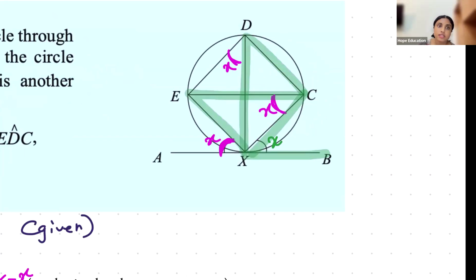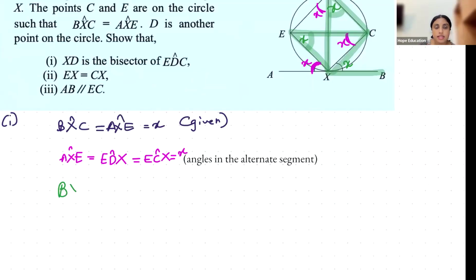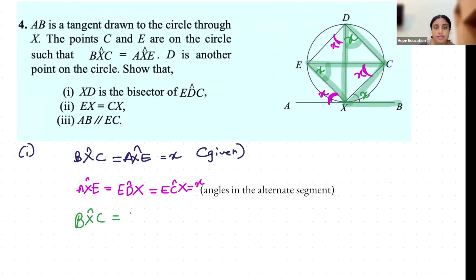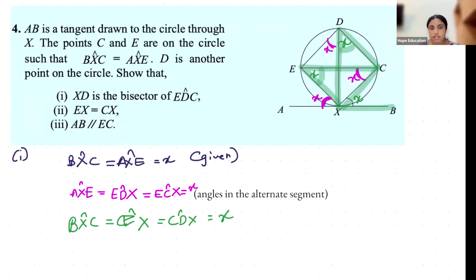Therefore this is X and this is also X. Therefore I can write BXC is equal to CEX and also CDX. And that is also equal to X. Reason is again angles in the alternate segment. Let me erase the lines.